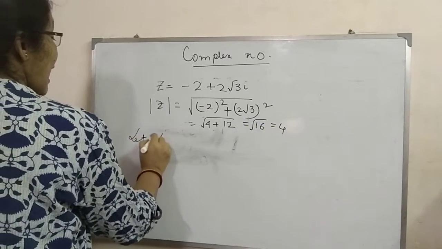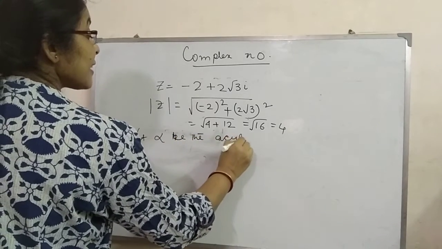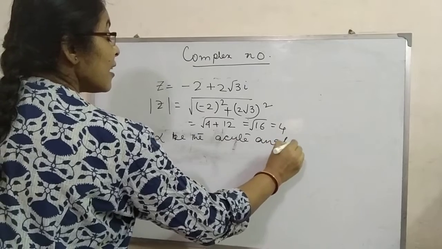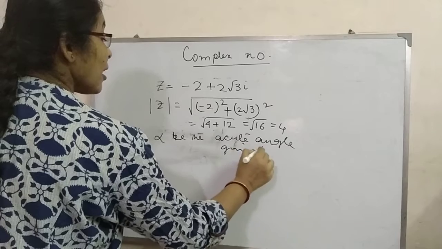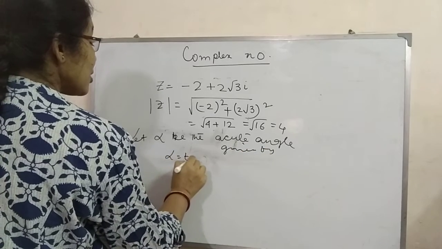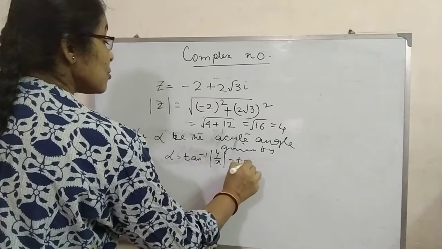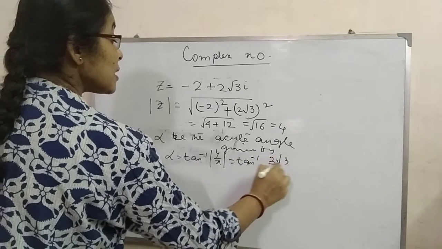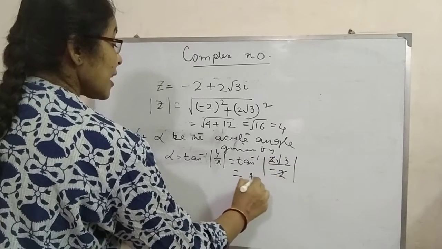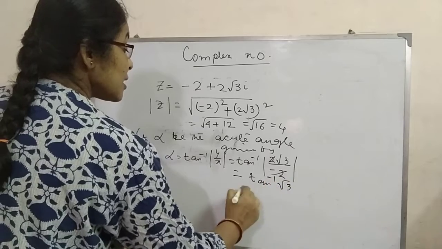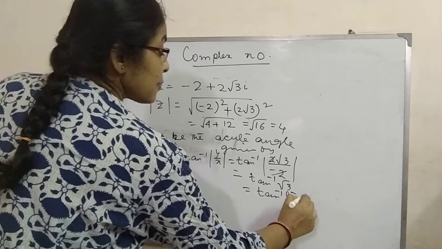Let alpha be the acute angle given by alpha equal to tan inverse mod y by x, that is equal to tan inverse 2 root 3 by 2, that is equal to tan inverse root 3, that is equal to tan inverse tan 60 degree, that means pi by 3.